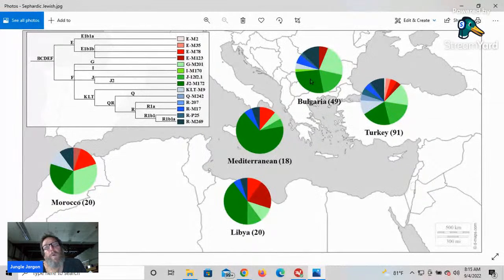A good quarter, and if you include J1, which could be Arabic, it could be Israel. That's a good 1/3 of the population, if you include both of them. 1/3 of the population in Bulgaria is J, which is Semitic. Of course, G is Semitic too, so that's 2/3 of the population is Semitic.